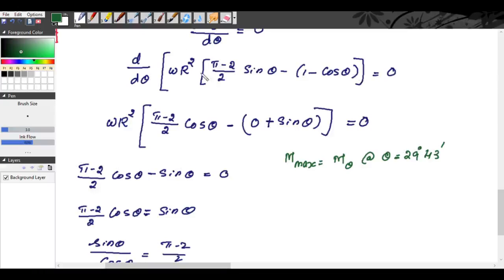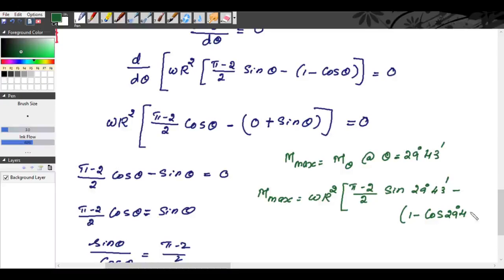This is M theta: W r square into (pi minus 2)/2 sin theta minus (1 minus cos theta). So we get M max is equal to W r square into (pi minus 2)/2 sin theta, theta is 29 degree 43 minutes, minus (1 minus cos 29 degree 43 minutes).